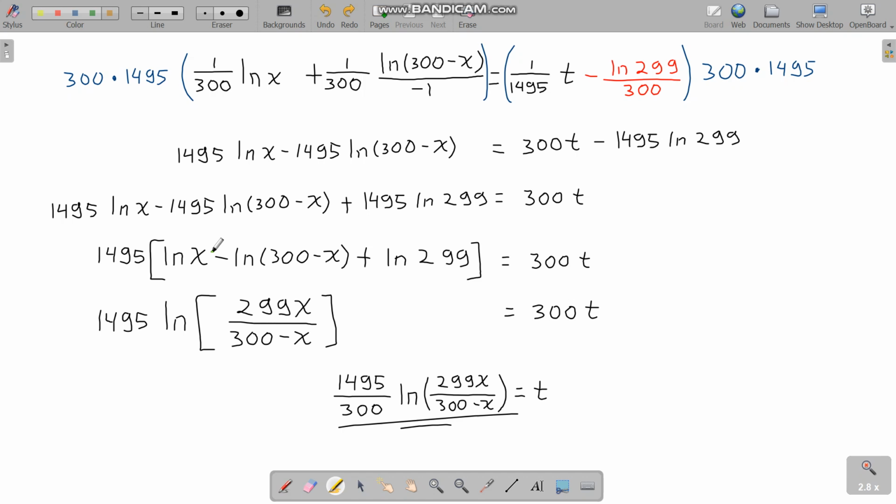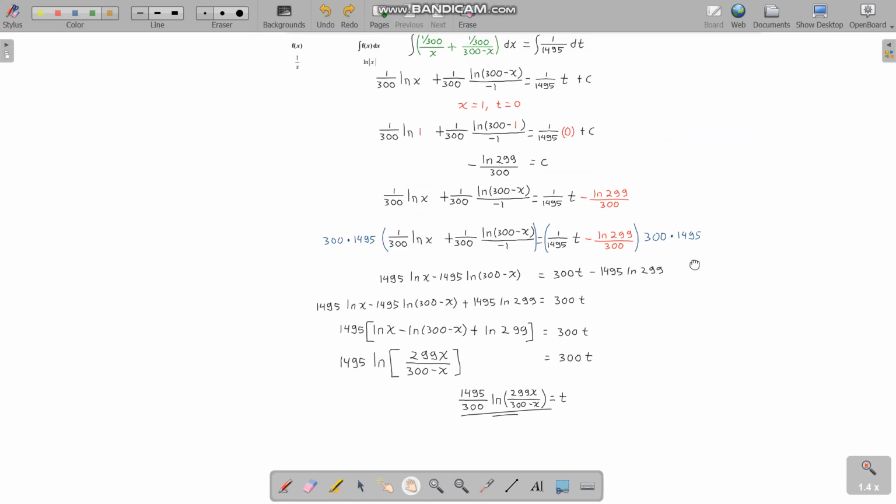So basically we have x times 299 divided by (300 minus x). That's the rule in logarithms. So now we have something in one simple logarithm. Divide both sides by 300 and we get the final answer. This is in one single logarithm, so this is the final answer. Alright, I'll see you again next time.